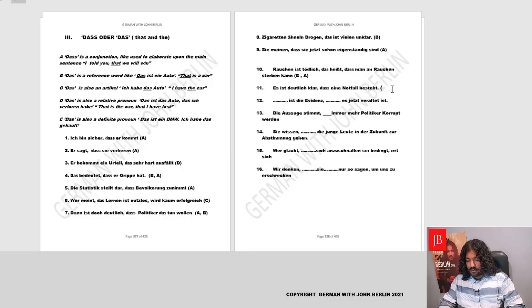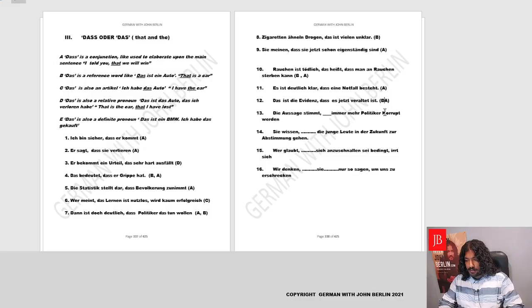Conjunction, that means Option A. Das ist der Beweis, das es jetzt veraltet ist. Now that is the evidence, it's a reference word, "das". Das es jetzt veraltet ist, now it has become old. That is the evidence that it has now become old. So basically we are elaborating what is the evidence. So first we say B and then A. So B, A. Perfect.